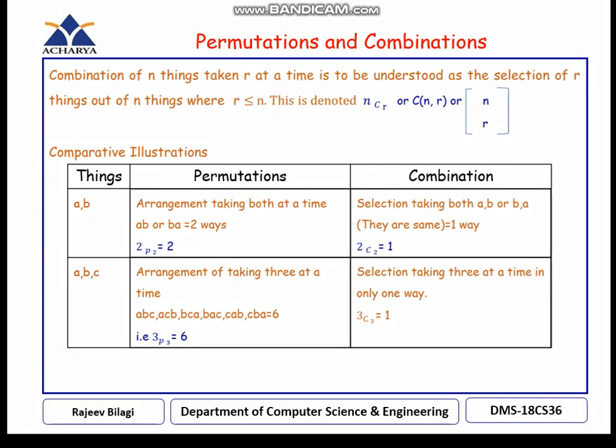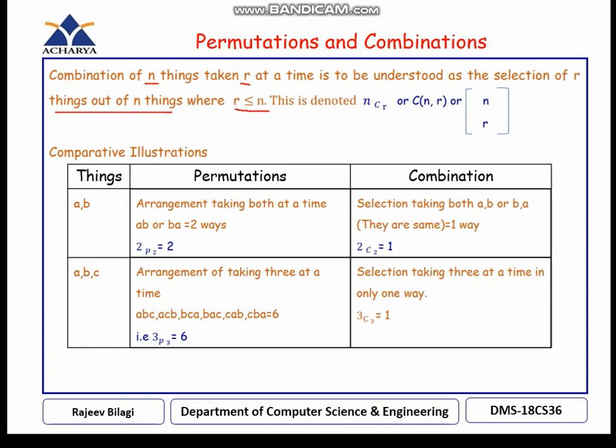The other one is combination. The combination of n things taken r at a time is to be understood as the selection of r things out of n things, where r is less than or equal to n.